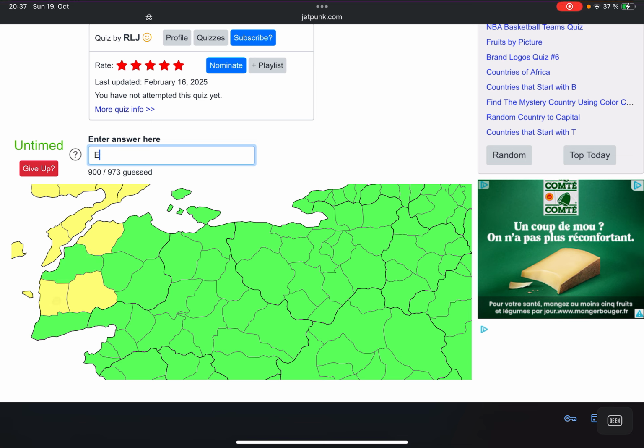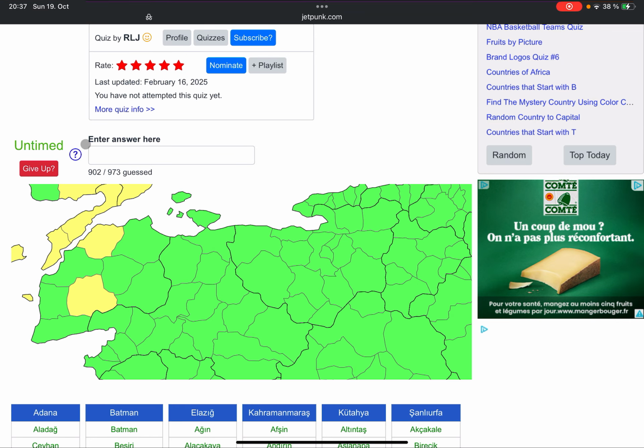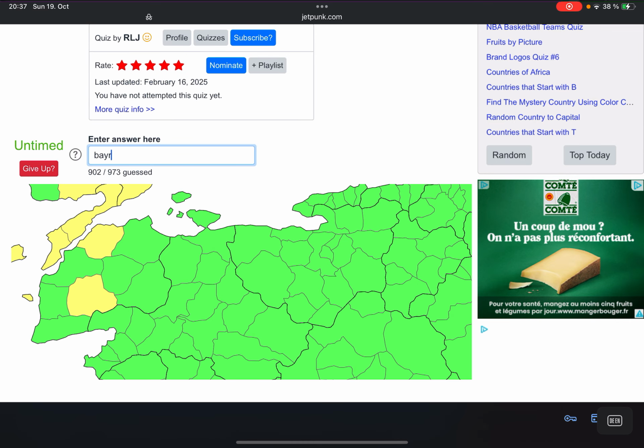We have Ezine, mix it up with Enes in Edirne. So we have Ezine, we have Bayramiç, we have Lapseki, Eceabat. Here we have these 2 islands.